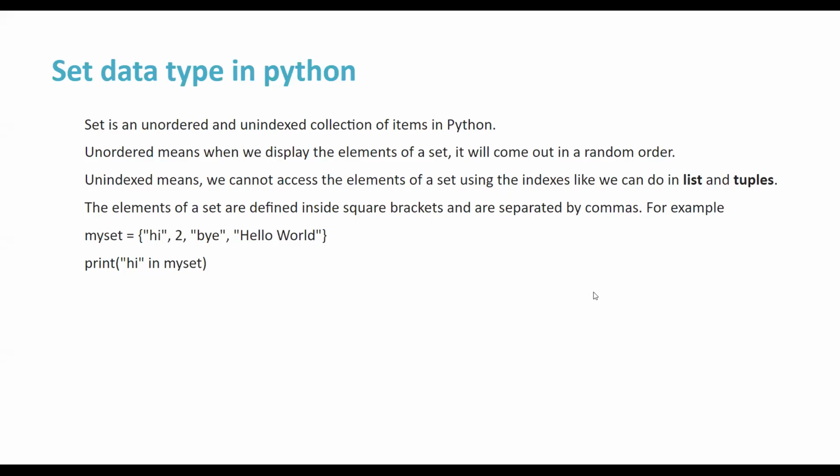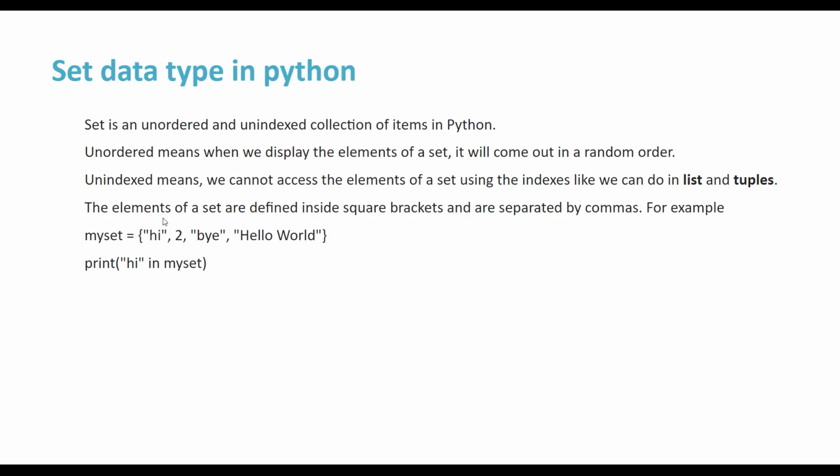Let's say I have some set of items. I just mention the list of all the values within the curly braces. So a set is unordered and unindexed. Why do I say that? All the items mentioned within the set are not ordered at all.